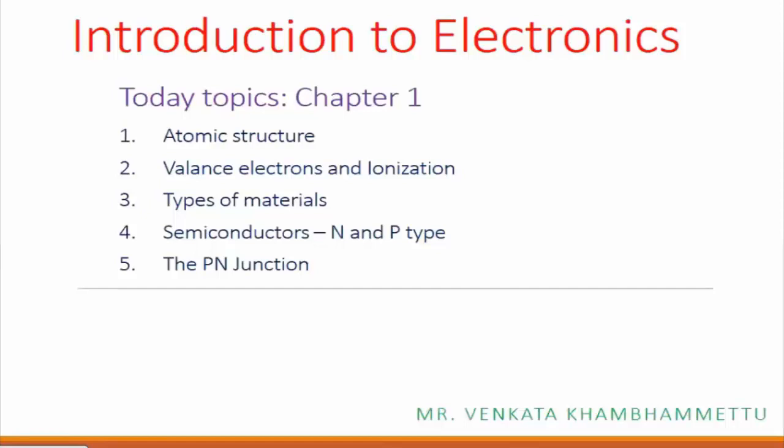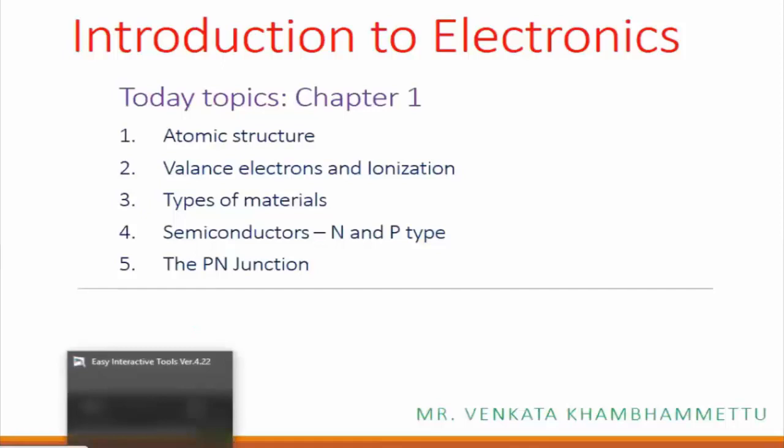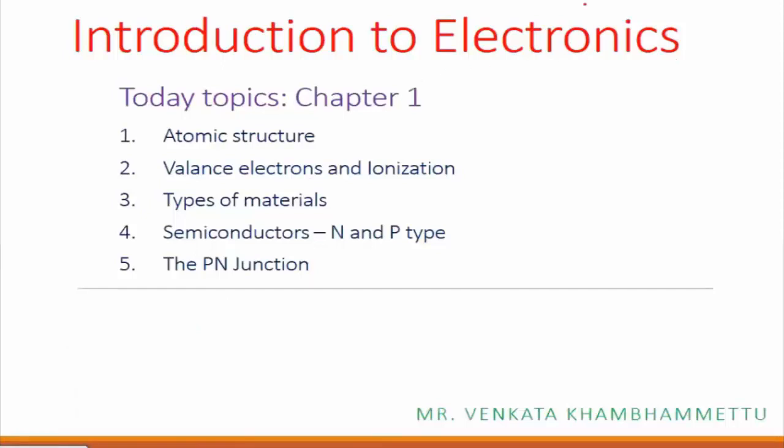What do semiconductors mean? What are N-type and P-type semiconductors? Remember that there are two types of semiconductors, N and P-type. And if we put them together, that will form what is known as a p-n junction. This is the heart of the entire electronics, the p-n junction.